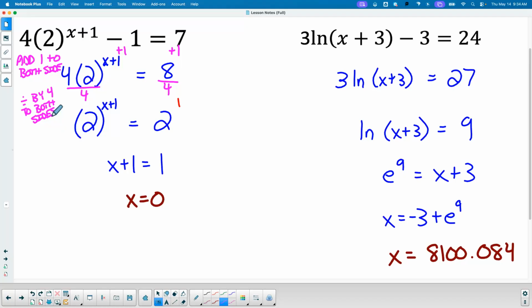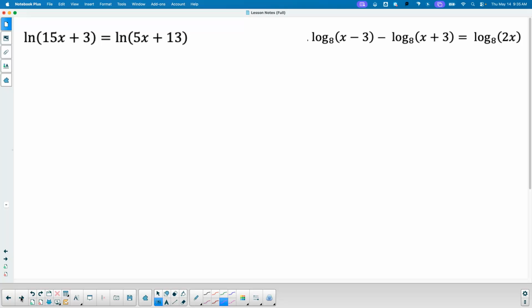Then here, equal bases means equal exponents. Then subtract 1 to both sides, and so on and so forth. We're going to grade the work, that you know how to do the work, not just the answer. That is a potential test question next week, Thursday.